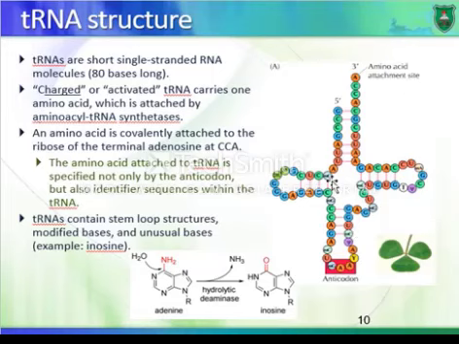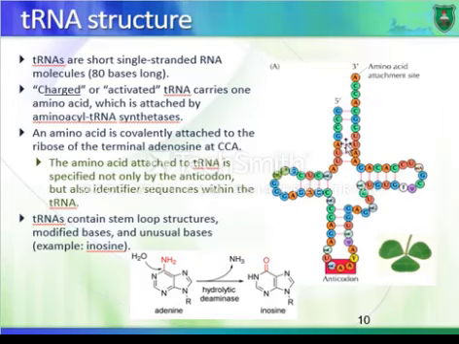Also, we have a very important job in this regard for the amino acid tRNA synthetase. We have one amino acid tRNA synthetase enzyme for each tRNA and its proper amino acid.